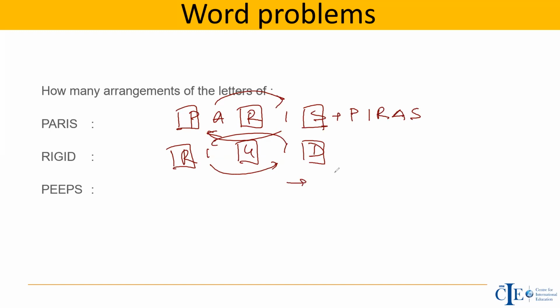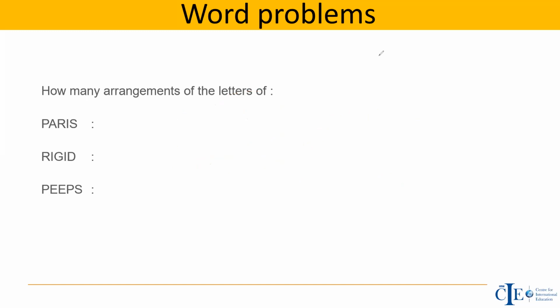What you get again is RIGID. It is not generating a new word, but it is giving you the same word back. So when you rearrange identical letters within itself, it would always get you the same word again and again. That's why you don't subtract, because you're still getting the same word. So it's only one single output. It's not zero. When you subtract, you actually remove everything. I don't have to. So that's why you divide.